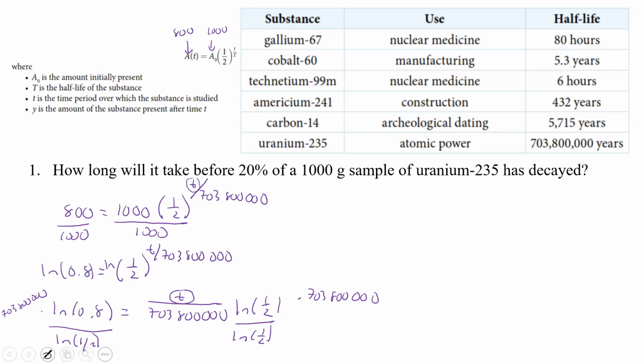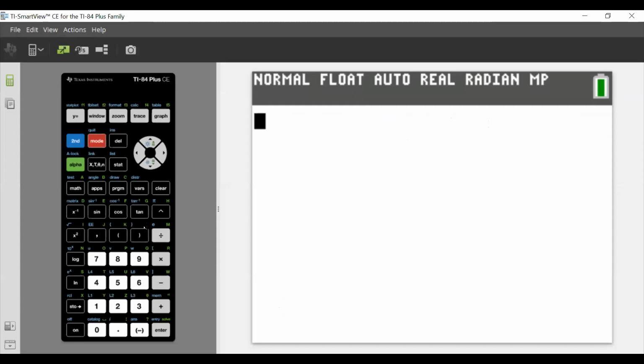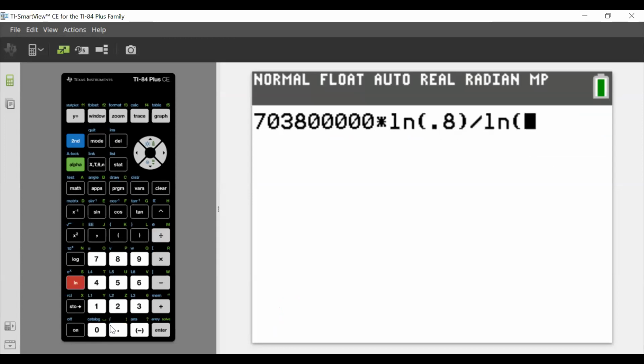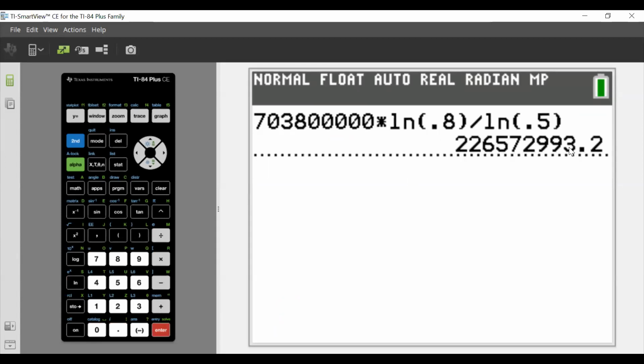And so then I just have to plug that whole thing on the left into my calculator, and I'll get t is equal to, and now if I plug that in, I had the 703,800,000, and then it was times the ln of 0.8 in the numerator divided by the ln of 0.5 in the denominator. And so I get that many years.